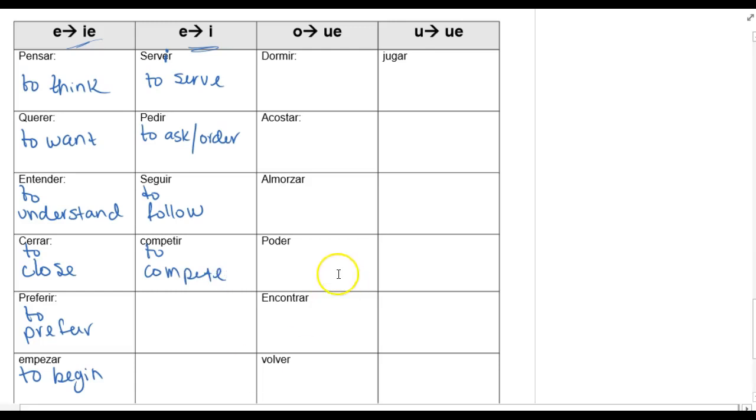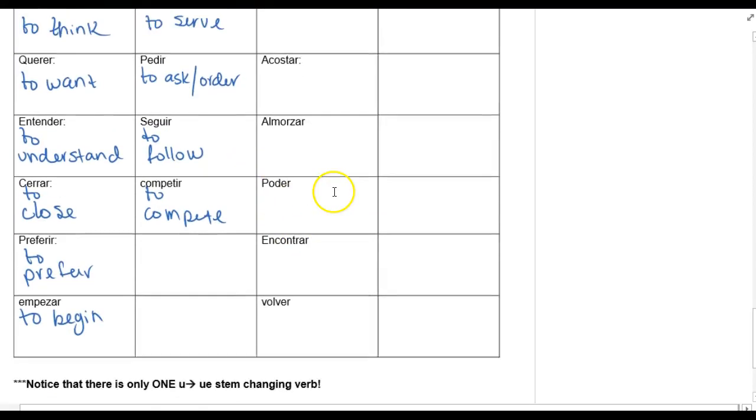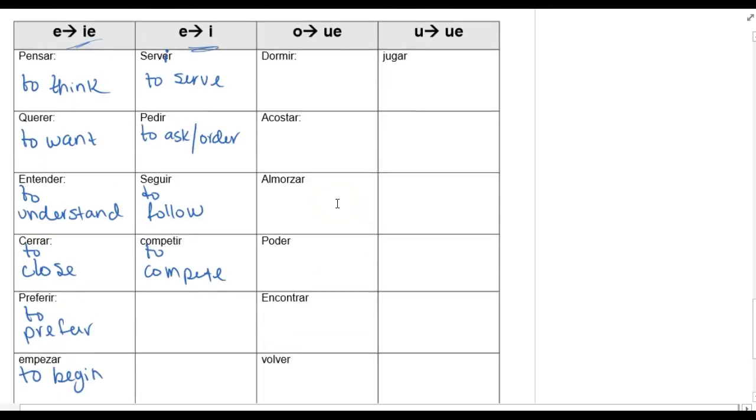And then we have O to UE verbs. So the first one is the verb dormir. So dormir means to sleep. Acostar is to lay down. Almorzar is to eat lunch. Right, so it's the action, it's not like almuerzo, like lunch itself.